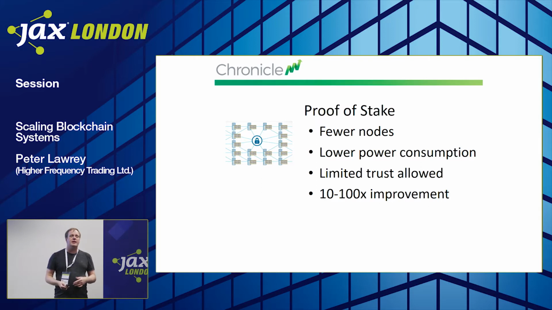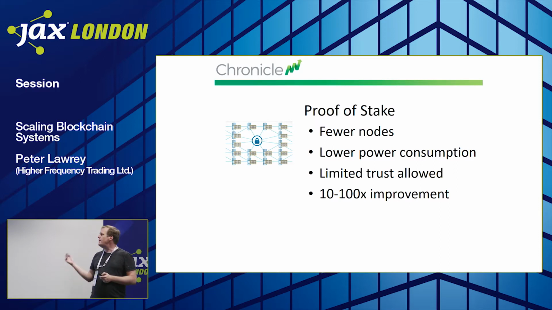Proof of stake, however, actually doesn't require as much power consumption. Instead, you put up a certain amount of value, which is at risk, to run these nodes. So that allows a certain element of trust. Because you have money at stake, people will trust that you don't want to lose that money if you violate it or commit some fraud.